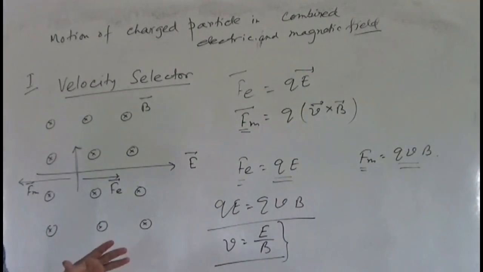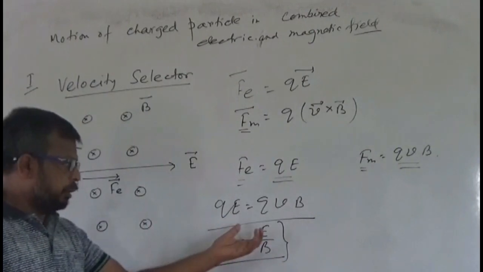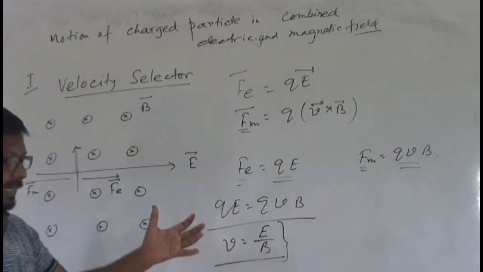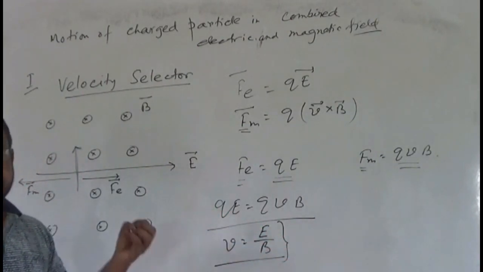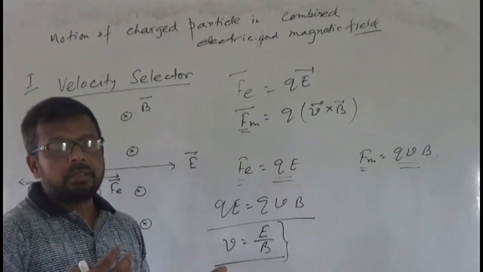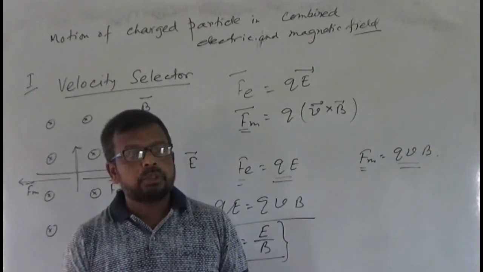Is it clear? There are a number of particles flowing with different velocities. The particle which has velocity E by B experiences no force. The force acting on the particle with this velocity is 0. If the force is 0, therefore it will move along its original path.